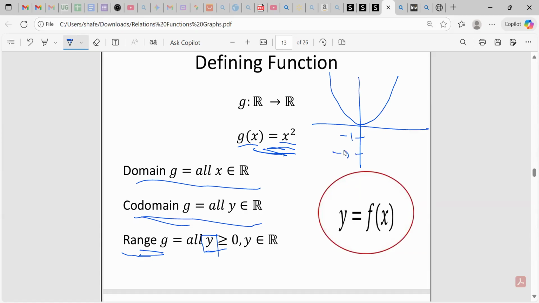You can't get -2. So your range is from 0 and greater, not lesser. While the codomain includes -1, -2, -1.5, -10, the range is from 0 and greater. That's how you write it: y is greater than or equal to 0.